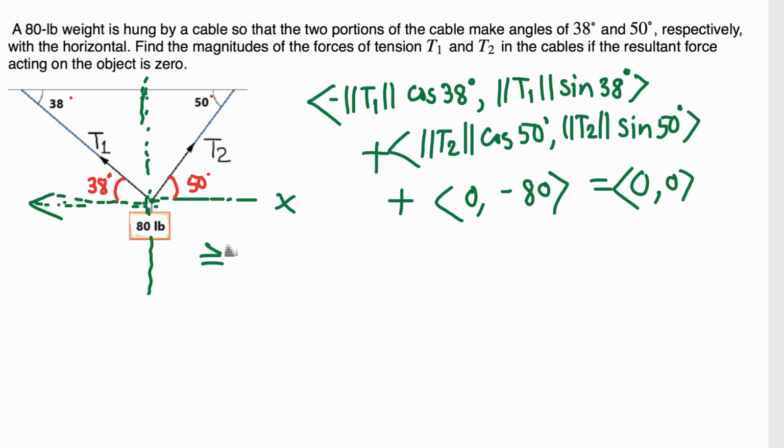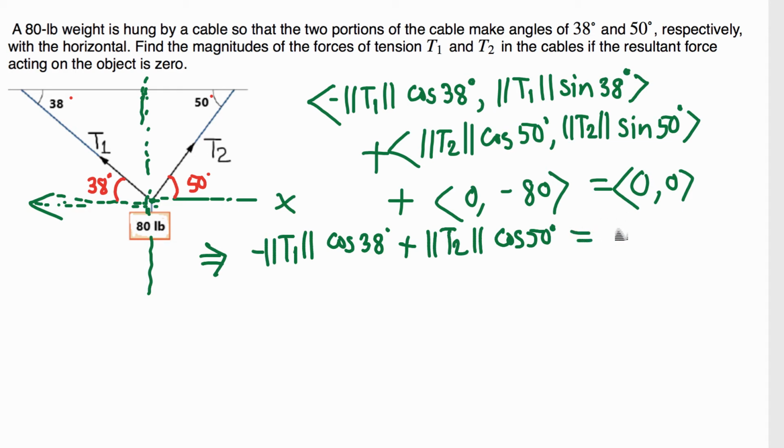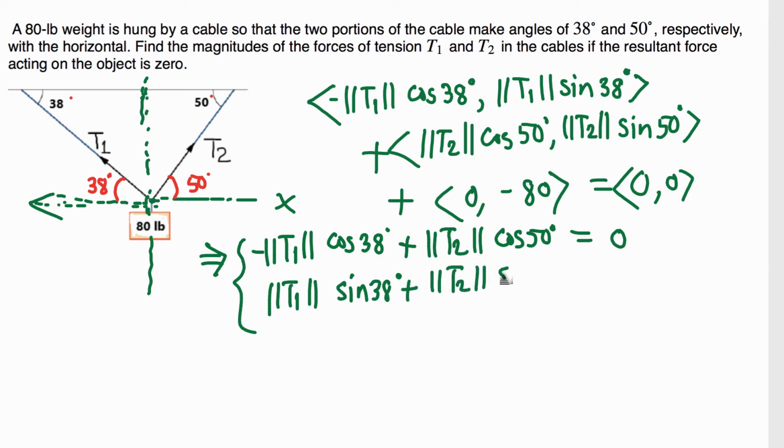So this implies negative magnitude T1 cosine 38 plus T2 cosine 50 plus 0 is 0, and the second components: T1 sine 38 plus T2 sine 50 minus 80 equals 0.